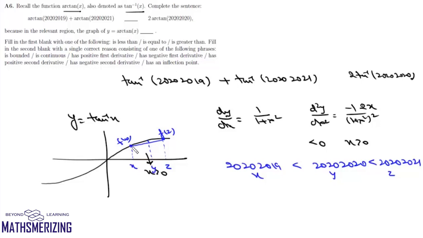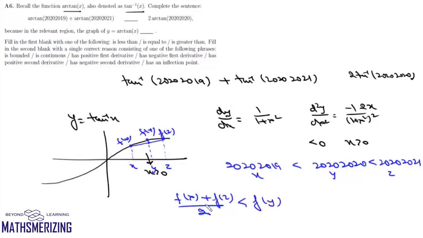Now we'll take the midpoint of f(x) and f(z). We can write it as (f(x) plus f(z))/2, and this point will lie on this line, and this line will lie below this graph. So this value will be less than the value of this function at y, which is f(y).